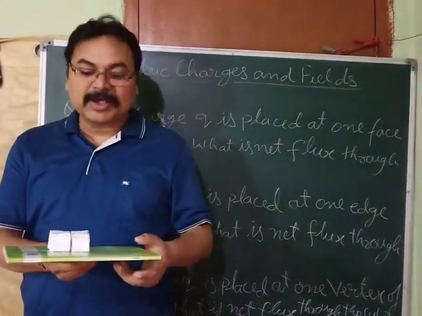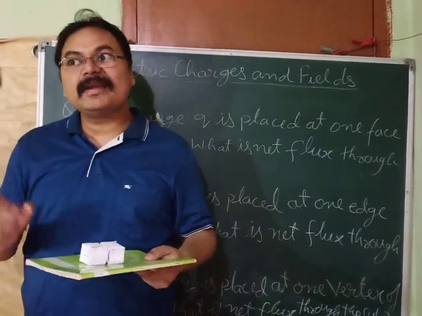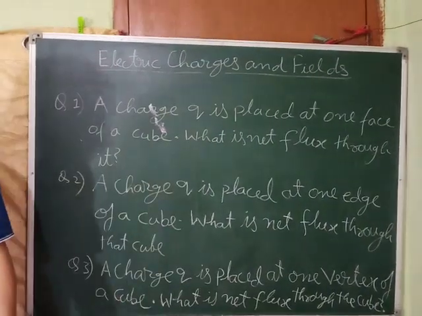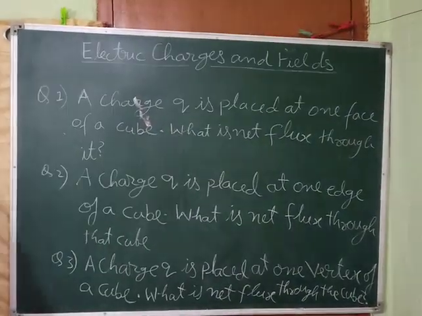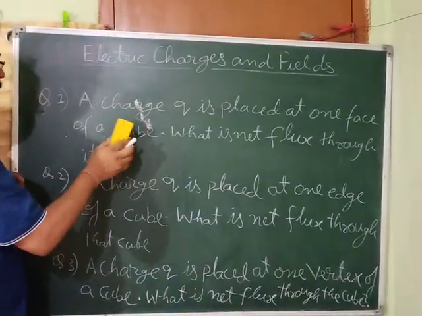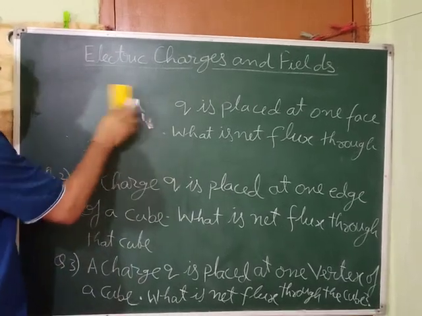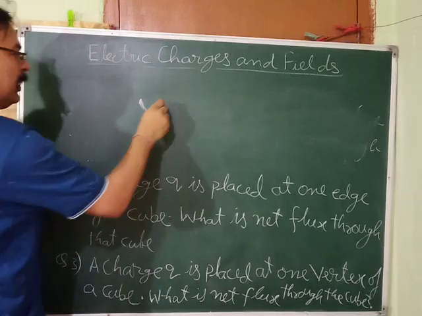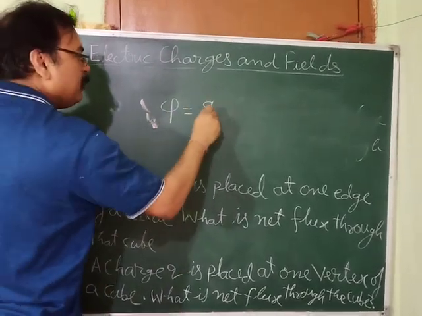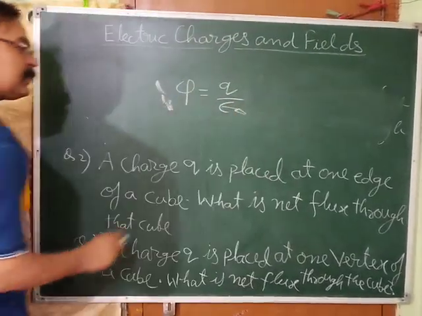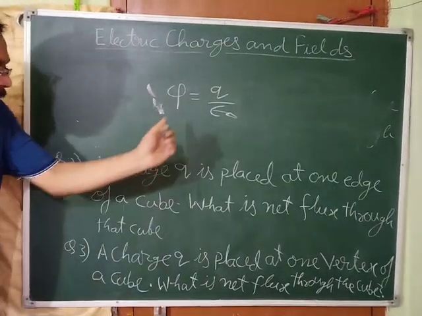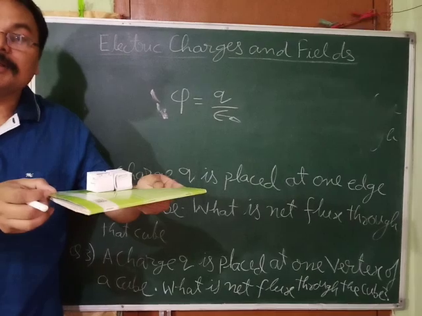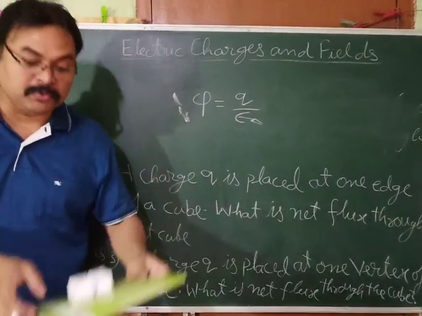Now according to Gauss theorem, what is the net flux through the two cubes? According to the Gauss theorem, the net flux through the two cubes will be phi equals q by epsilon naught. But this is the net flux through two cubes. Now what is the net flux through one cube?